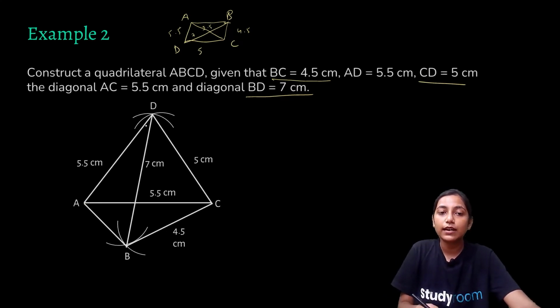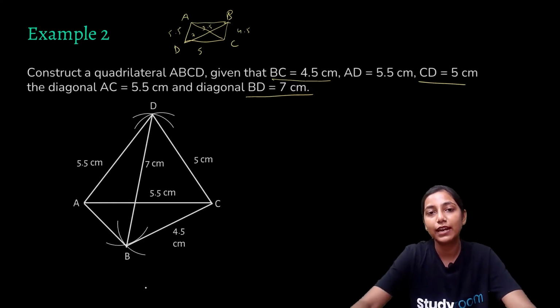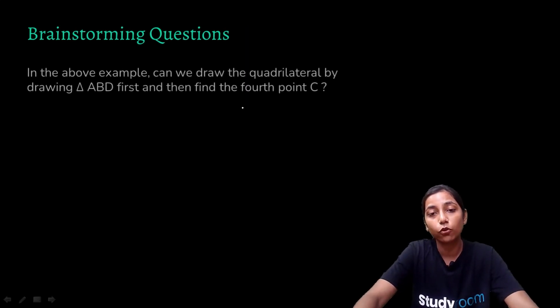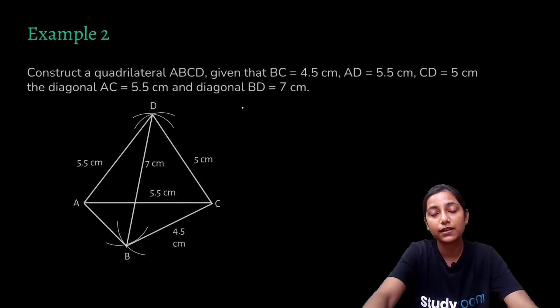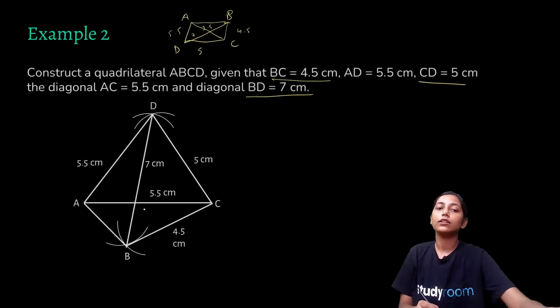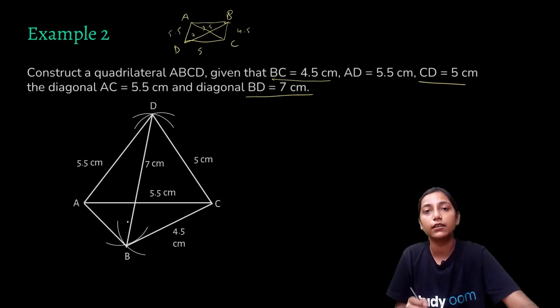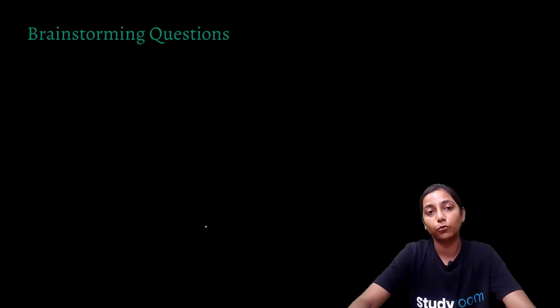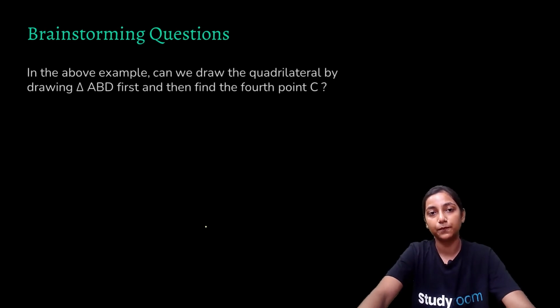In triangle ABD, we have BD, we have AD, but we don't have AB. We're not given AB. So this cannot be constructed, because we do not have all the required measurements to first construct triangle ABD. We only have the measurements for constructing triangle ADC and then taking B as the fourth point, but not ABD and then taking C as the fourth point.